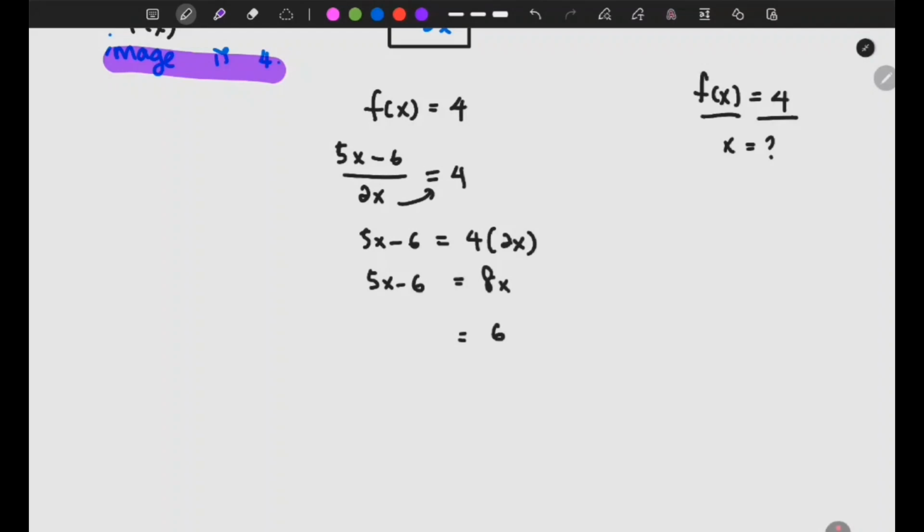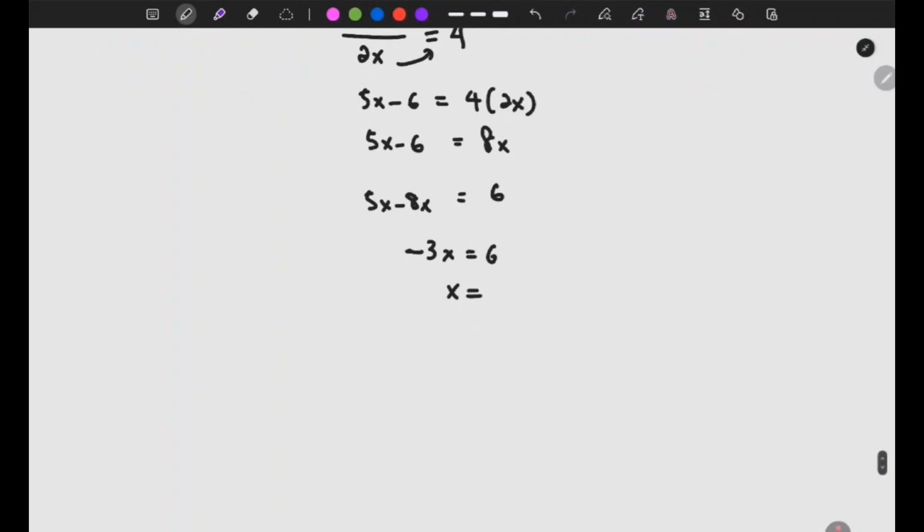Your 6 brought there, your 8x minus here, and you'll get minus 3x equals 6. Your x is 6 divided by negative 3, and lastly x equals negative 2. Your 5 minus 8x is negative 3x. So done, you get your x.